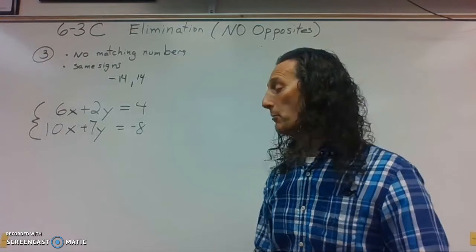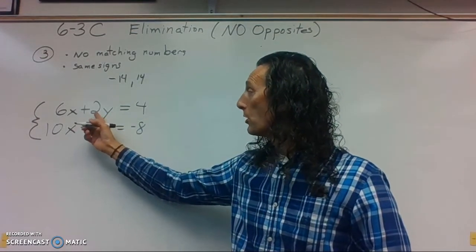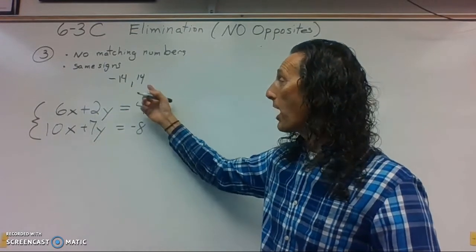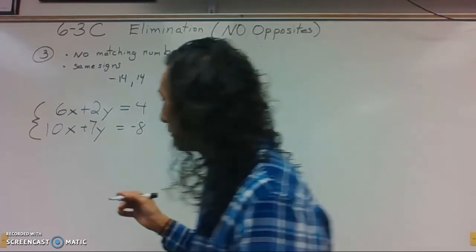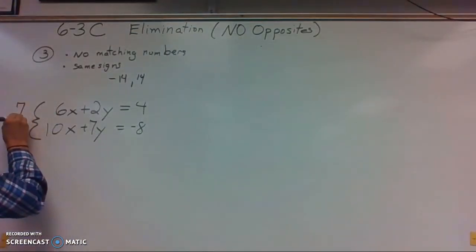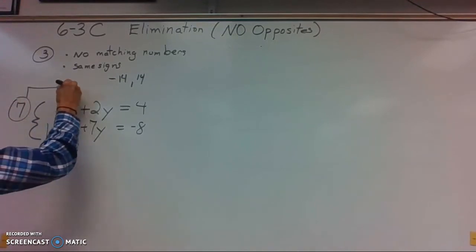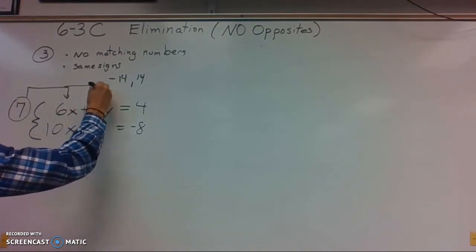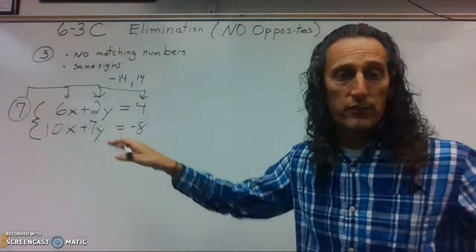So now I got to start thinking of my multiplication. Well, what times 2 will give me a positive 14? Well, I can just use a simple number 7. So I'm going to go number 7 right here. All right, so let's convert this one first.